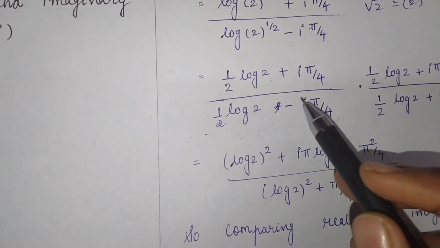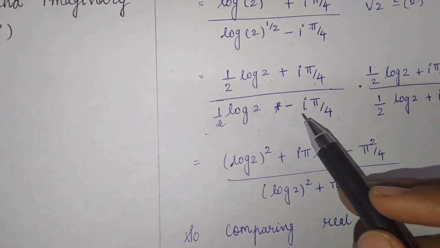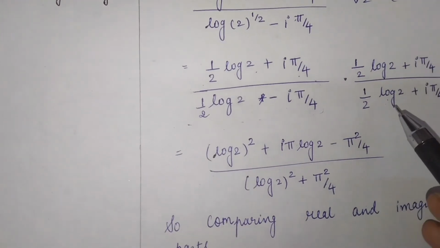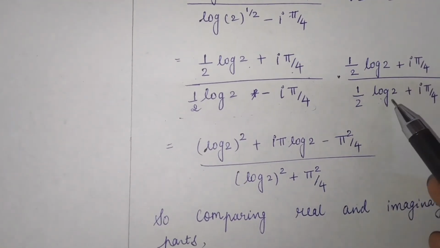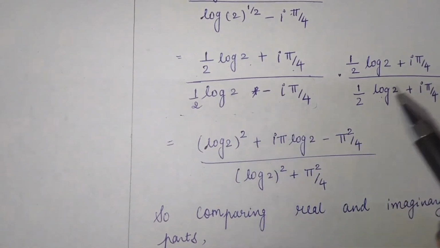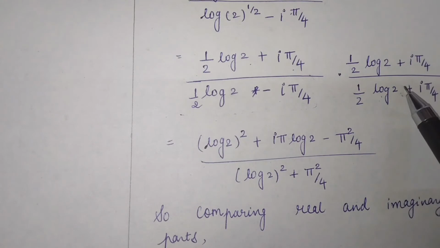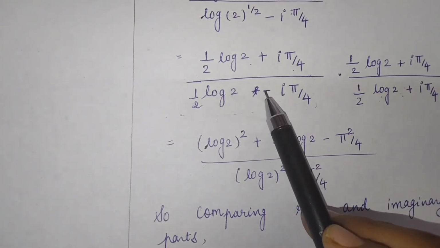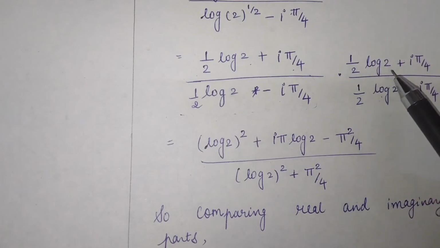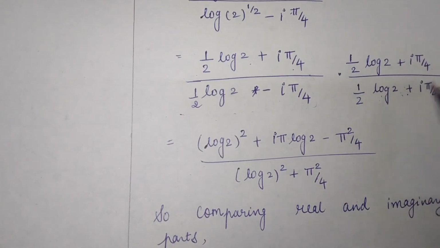But here there is an imaginary term, so to remove it we have to take its conjugate. In Gujarati we can say karani. So in order to remove this imaginary term, we have to take its conjugate. As the negative sign is there, we will multiply and divide by the positive term, 1 by 2 log 2 plus i pi by 4 upon 1 by 2 log 2 plus i pi by 4.